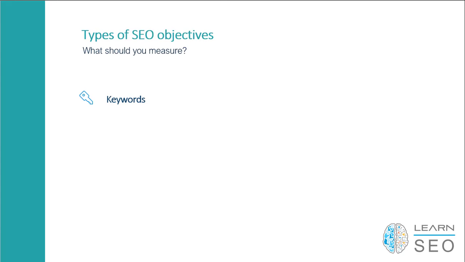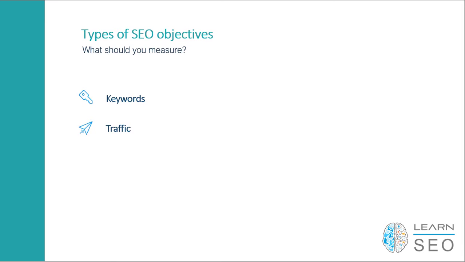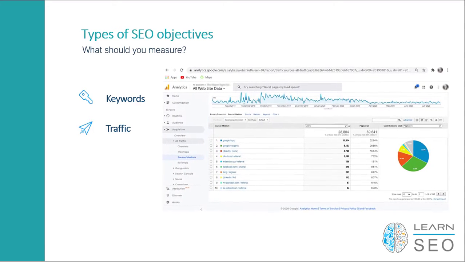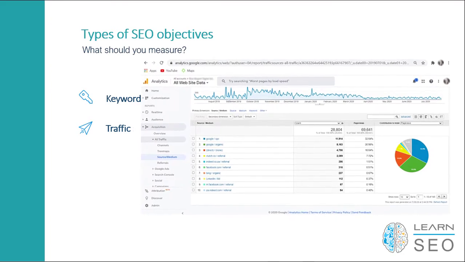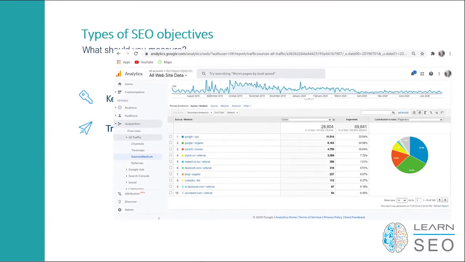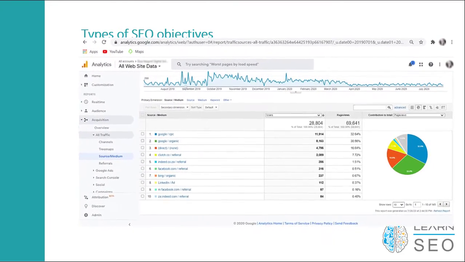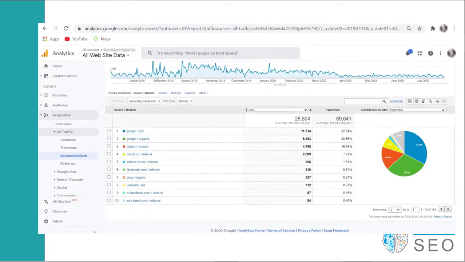The next benchmark or metric that we would look at would be traffic. That's why I say it progressively makes sense in the way it flows logically, because the more keywords you're ranking for, the more opportunity you have for people to click on those results in Google, and as a result, you should see your traffic increase.